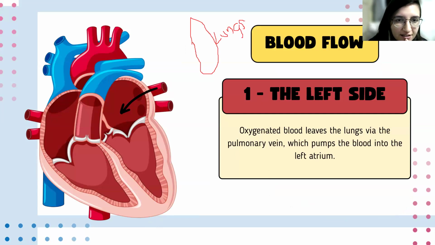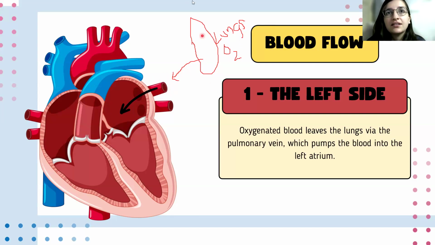They needed oxygen, O2. O2 is oxygen, okay? So now that the blood already has oxygen, it needs to come back to the heart so that the heart can pump it out to the rest of the body. So here you see the blood is coming back through this vein called the pulmonary vein.